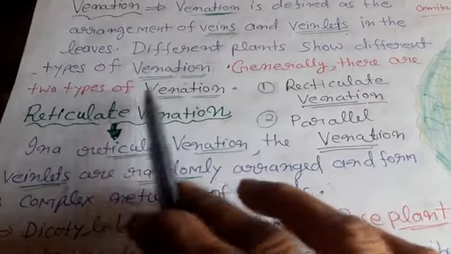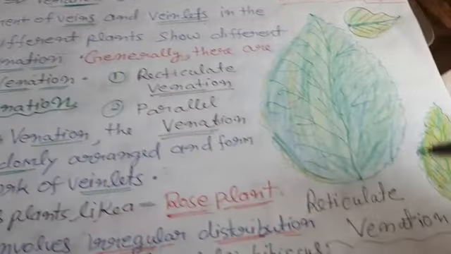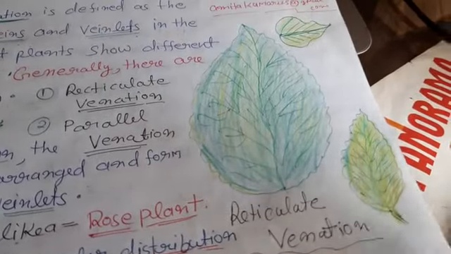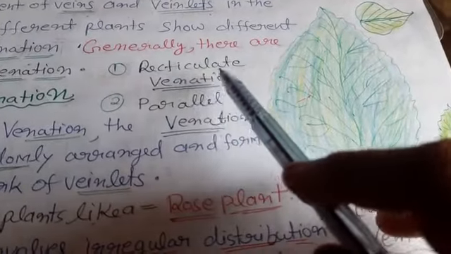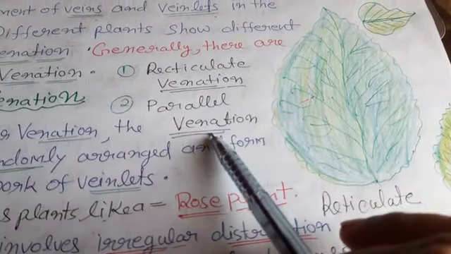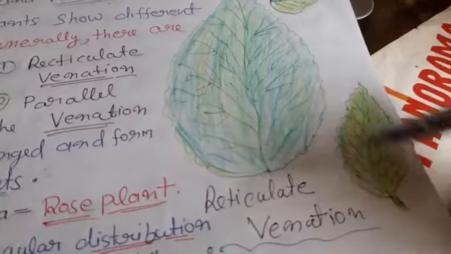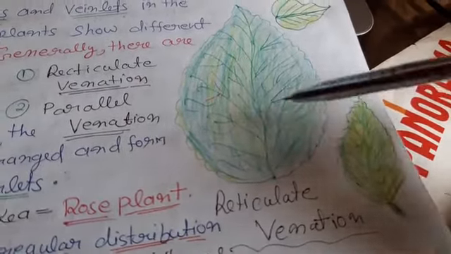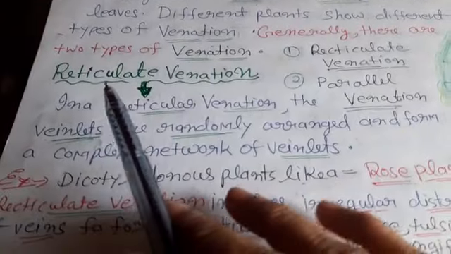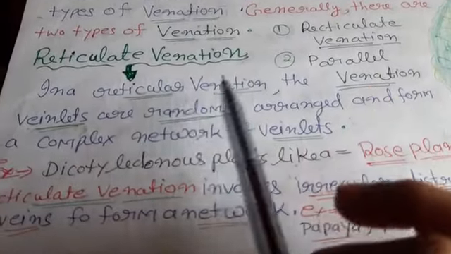Generally there are two types of venation found in leaves: the first is reticulate venation and the second is parallel venation. In this diagram, the leaf shows only reticulate venation. Let's revise reticulate venation.